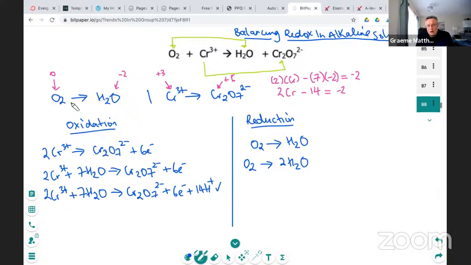Oxygen is going from 0 down to -2, so it's gaining 2 electrons per oxygen. But there are 2 oxygens, therefore it would be 4 electrons. So it's going to be O2 and 4 electrons, like this.